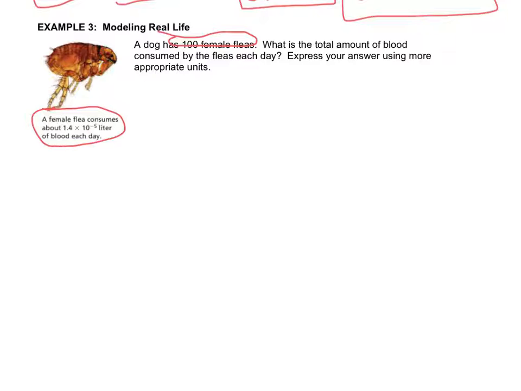Well, there's a couple different ways. You could turn the 100 into something of base ten. You could also turn this scientific notation, which is what this is over here, into standard form first, and then multiply. So let's do that first. If I was to take 1.4 times 10 to the negative 5 and turn it into standard form, remember that would be 1.4.